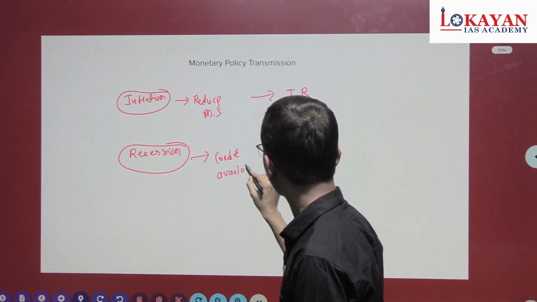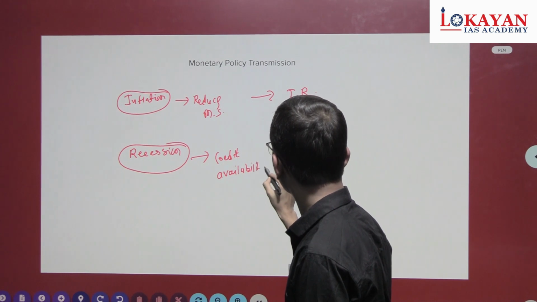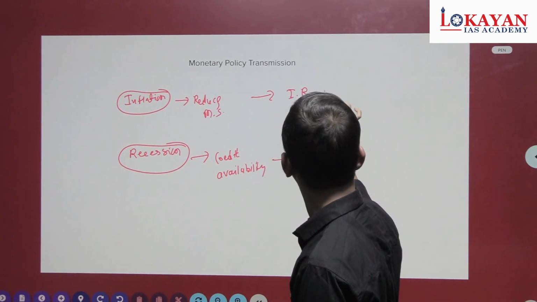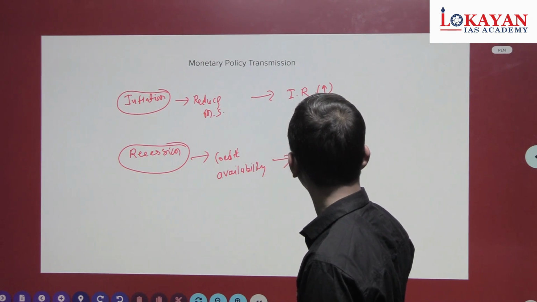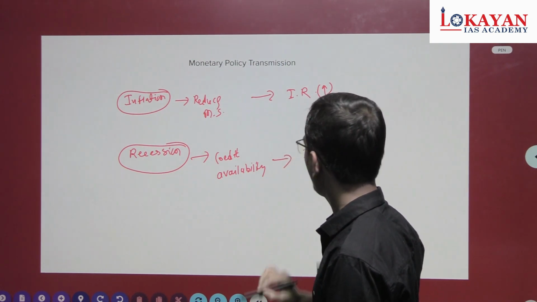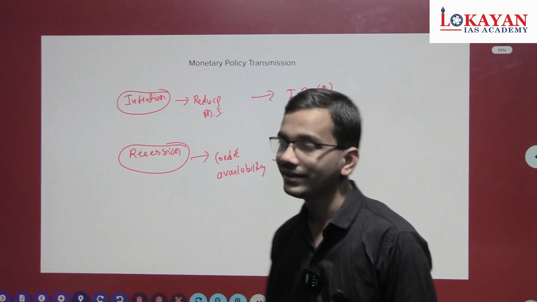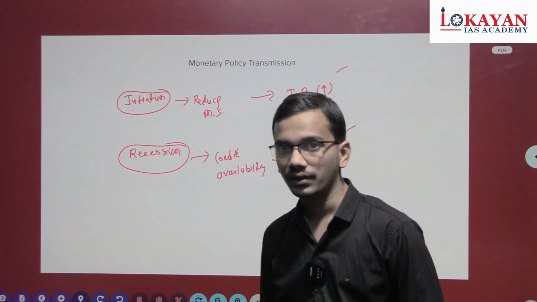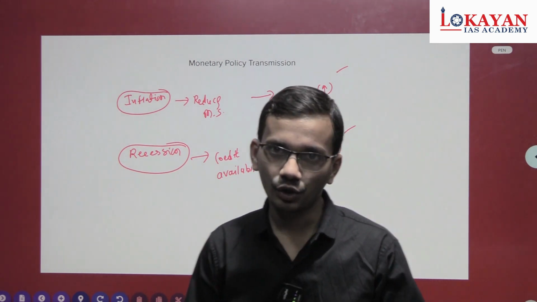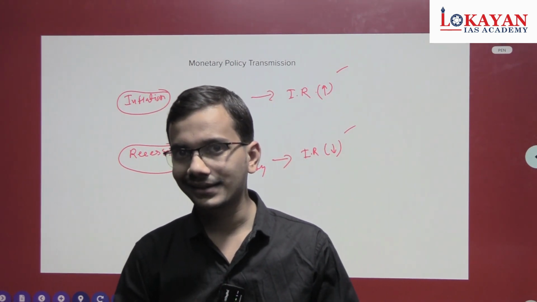So for that, RBI will reduce the interest rates. This is contractionary monetary policy. This is expansionary.